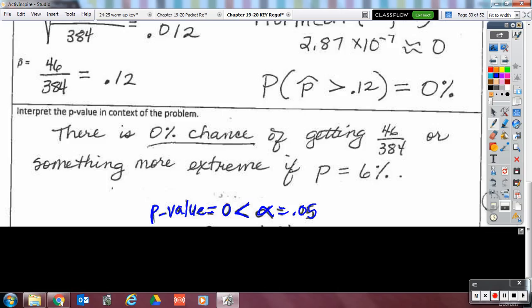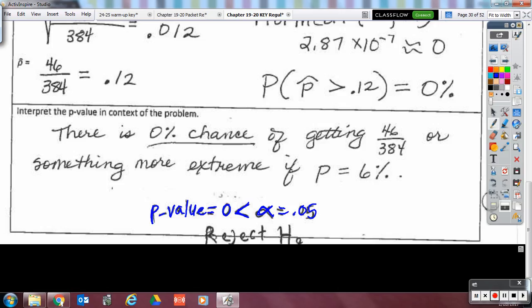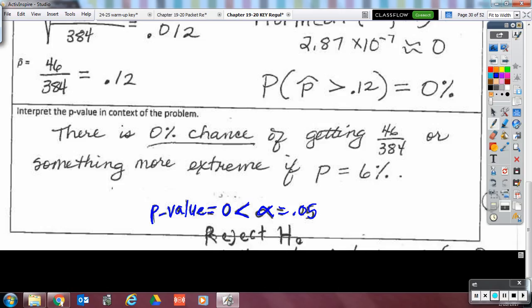So if our p-value is low, then what are we going to do? Reject H0. Okay? So since our p-value is low, we're going to reject H0. Okay, so then that's basically our first sentence.